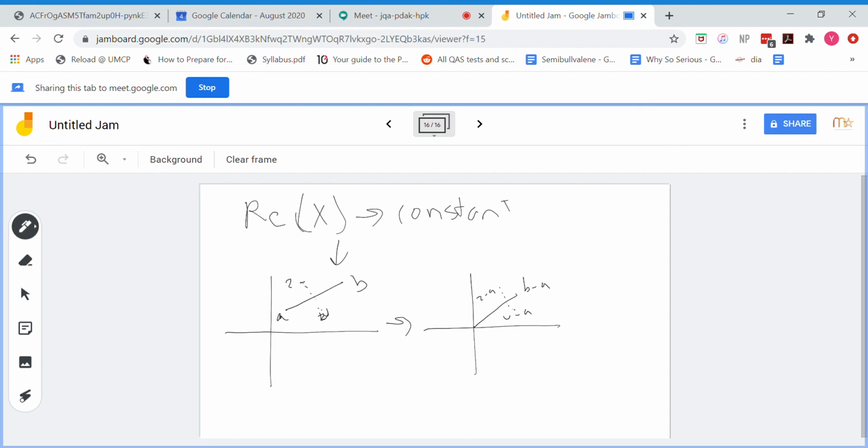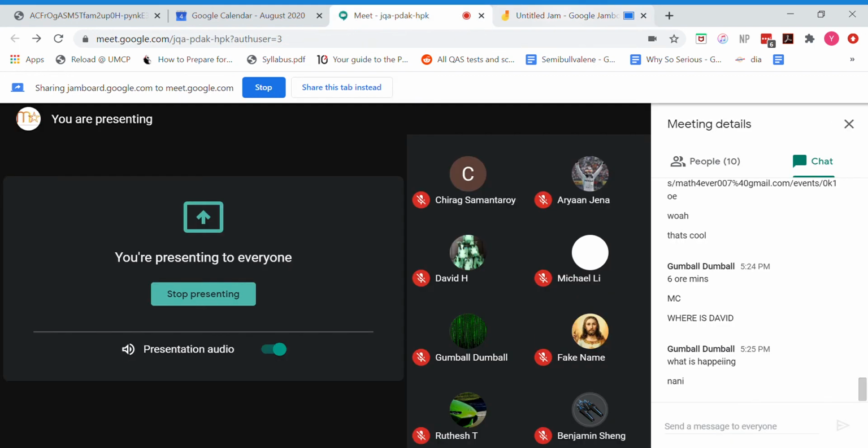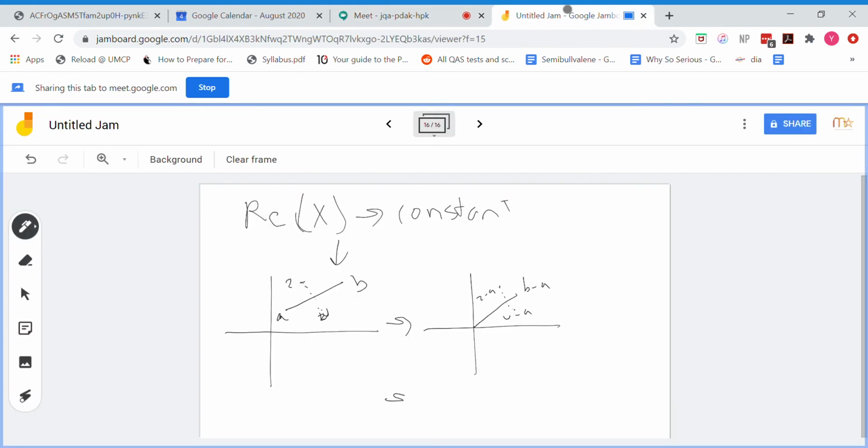And then let's scale everything, divide everything by B minus A, so we convert it to this is 0, this is 1, and on the top, this point refers to Z minus A over B minus A. And at the bottom, the reflection of this point across the line is W minus A over B minus A.